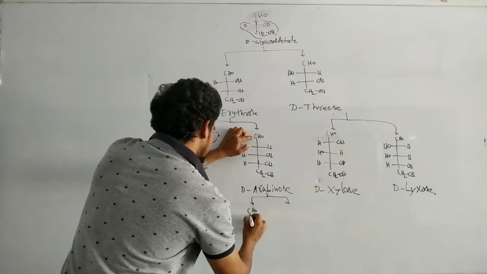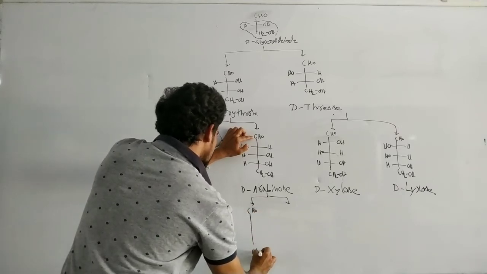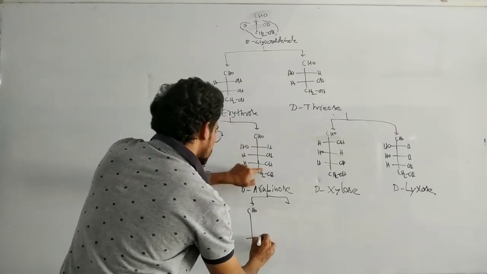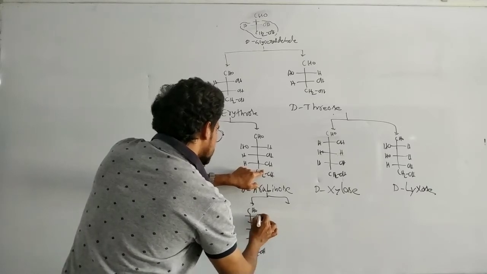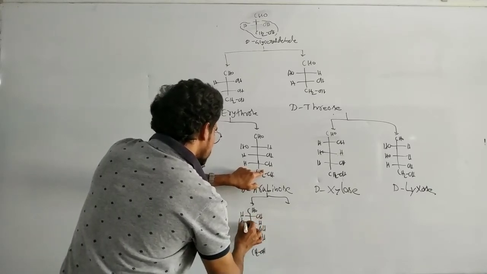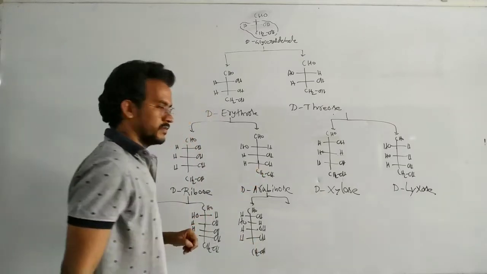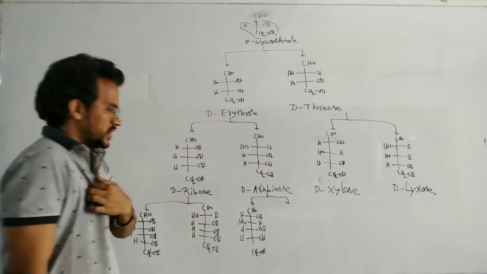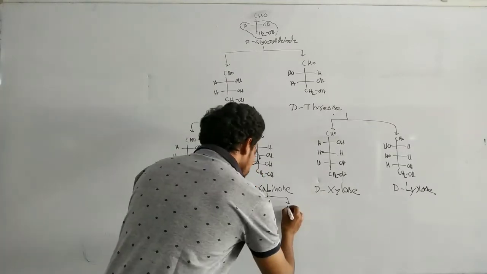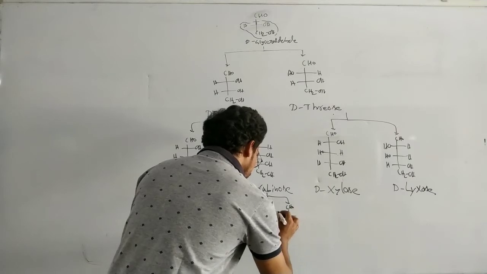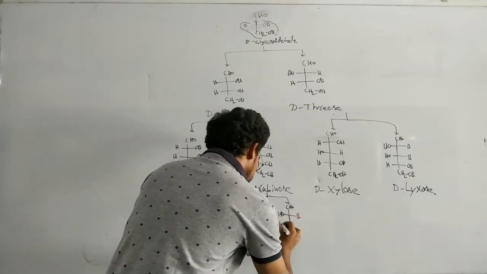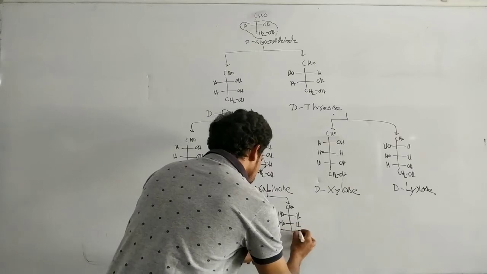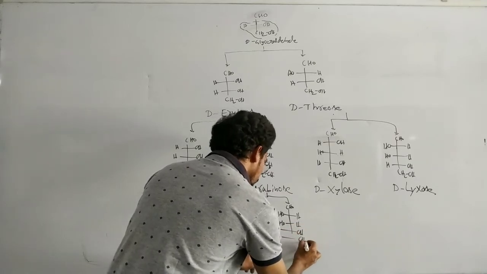So here CHO, CH2OH, here OH, this one OH, hydrogen, next OH on the right side, hydrogen, this OH, H, H. Okay, next here, change the position of this one. CHO, OH, H. So remaining same. That means here OH, hydrogen, this one OH, this one OH.